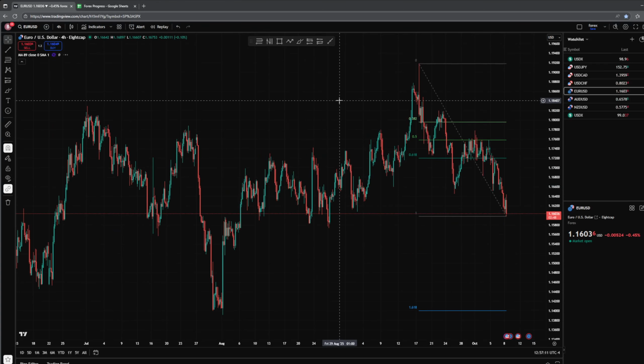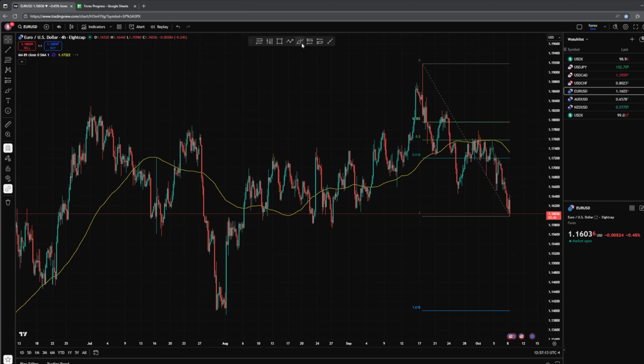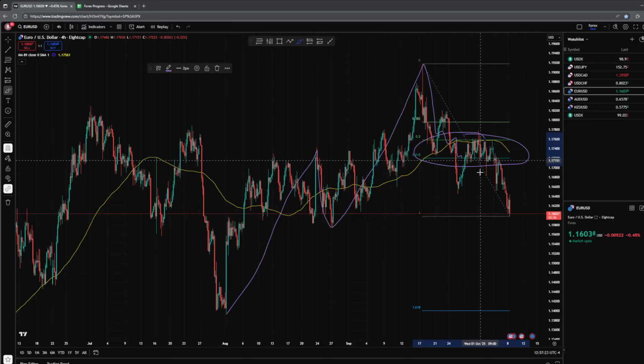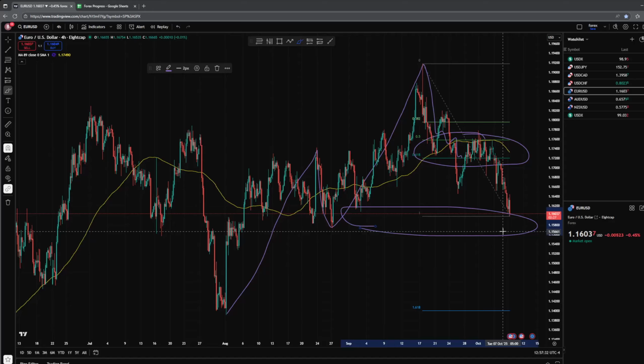Okay, Euro USD. So Euro USD, as you guys know, originally the market was behaving up, retracement, up. When the market retraced about the 50% zone here, I bought Euro USD risking 0.6% of my account, right? I set my stop loss below the local minimum here because at this point the USD was weak.